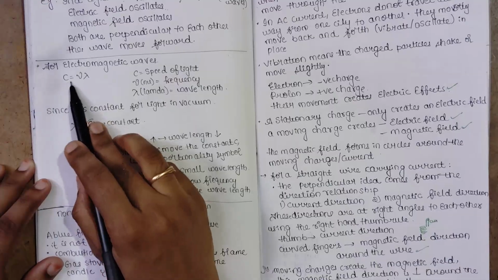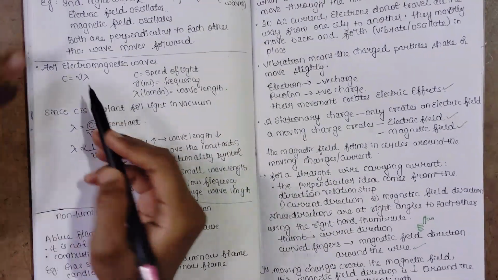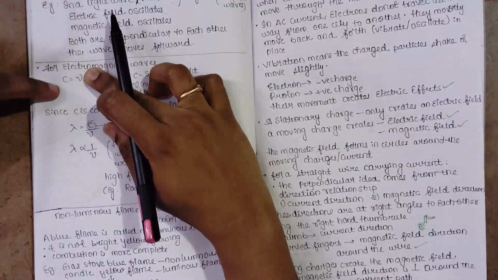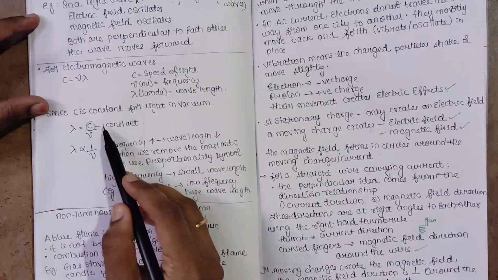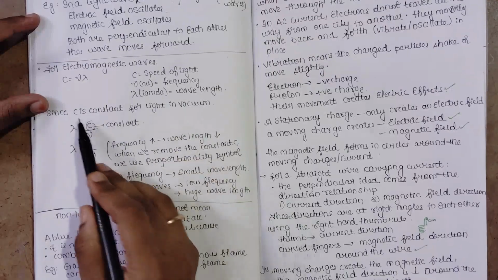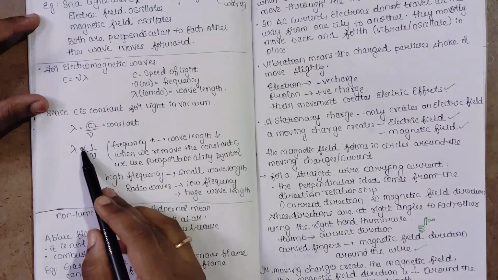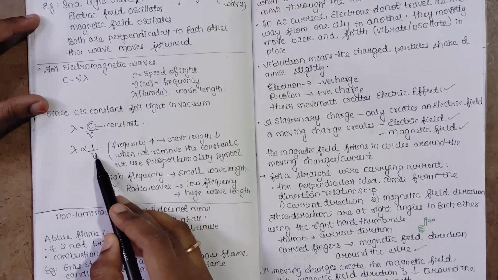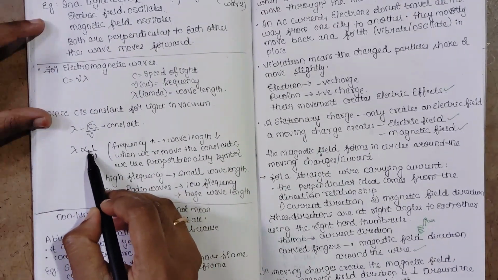Since c is constant for light in vacuum, lambda is equal to c by nu. Here for light in vacuum, c is constant. So lambda is proportional to 1 by nu. When we remove the constant, we use the proportionality symbol here.